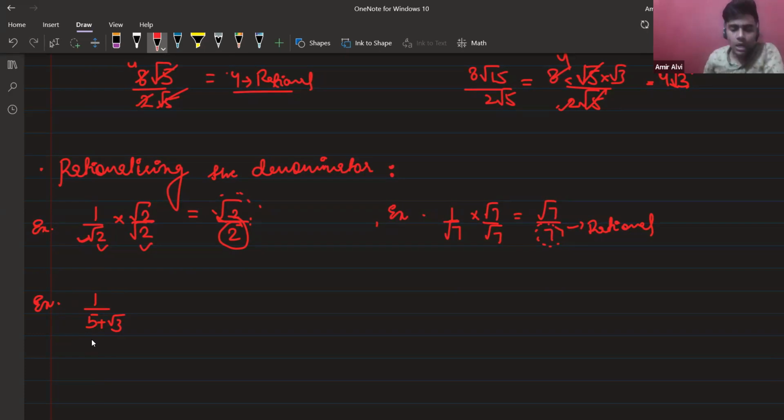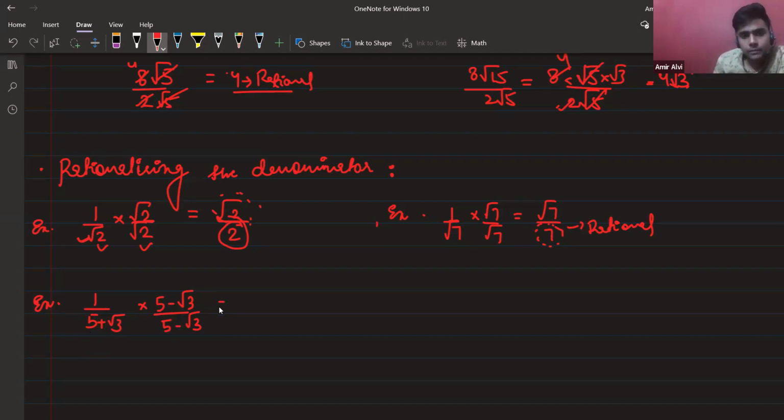So when there are two terms involved in the denominator, you just have to take the negative of this. Only the denominator. You don't need to worry about the numerator. You just have to multiply and divide by the negative of the denominator. Is this the opposite? Yes.